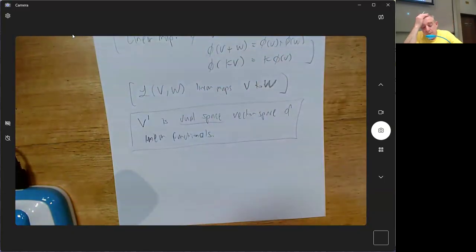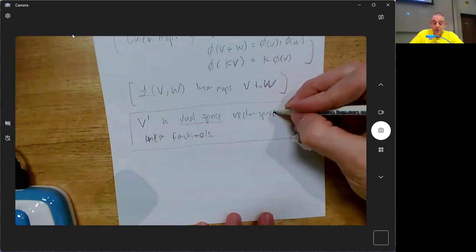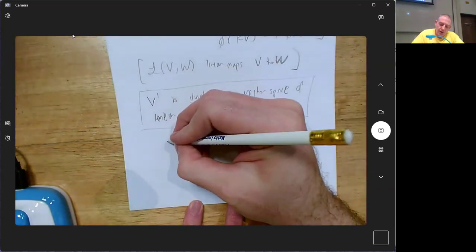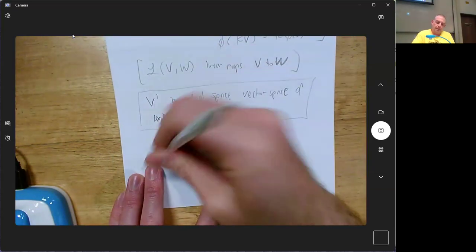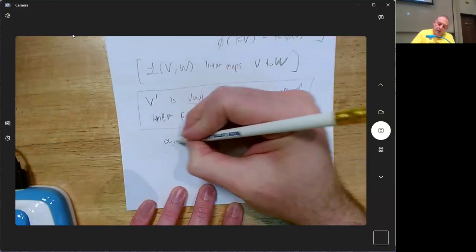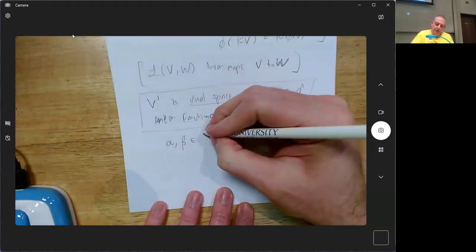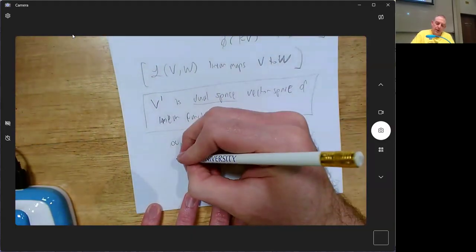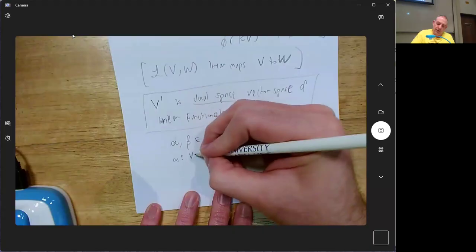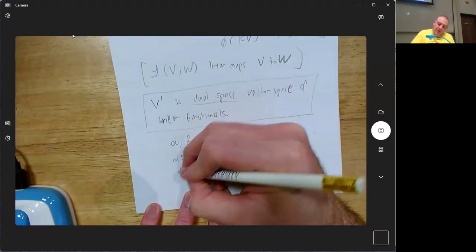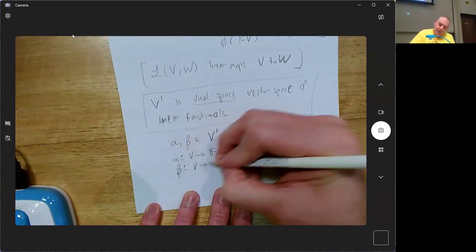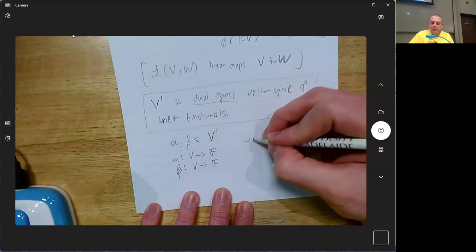Okay, my first question is, in what sense is it a vector space? Because you'd have to be able to add the things together and multiply them by scalars. So I'm presuming that if you have, I'm just going to call them alpha and beta, which are in the V dashed, then alpha is a function that goes from V to F, and beta is also a function that goes from V to F. So what would alpha plus beta be?